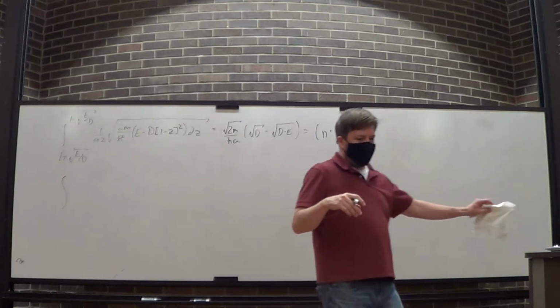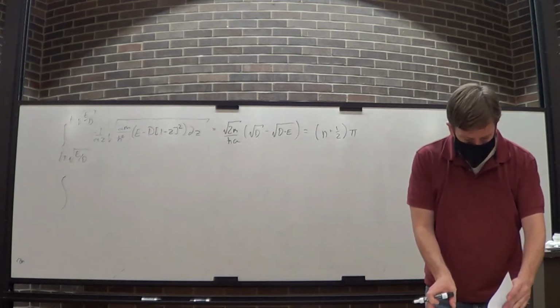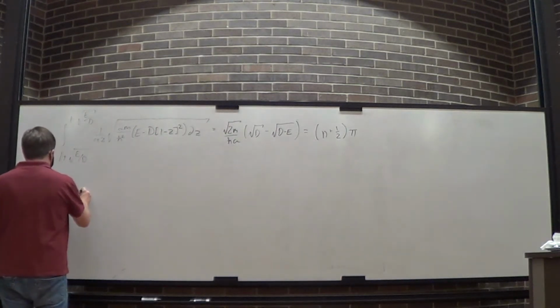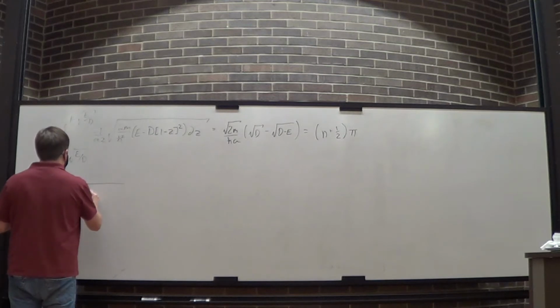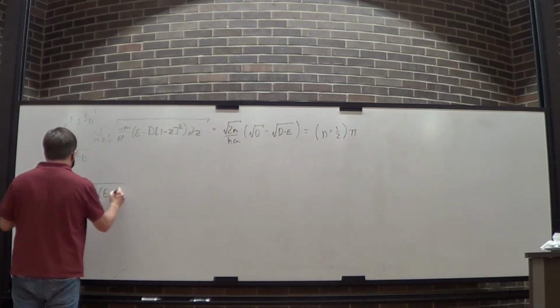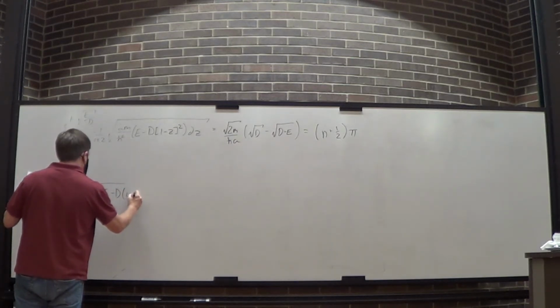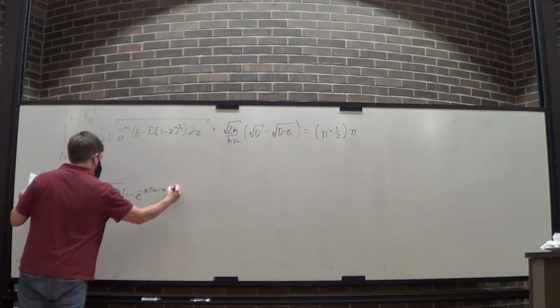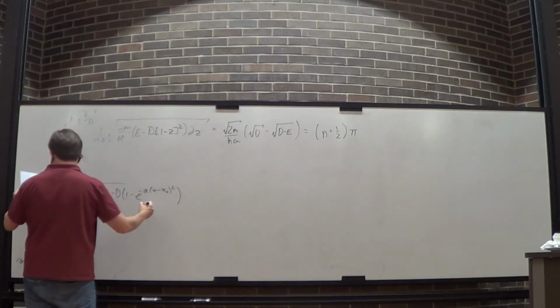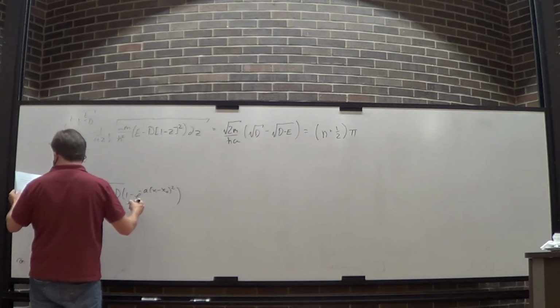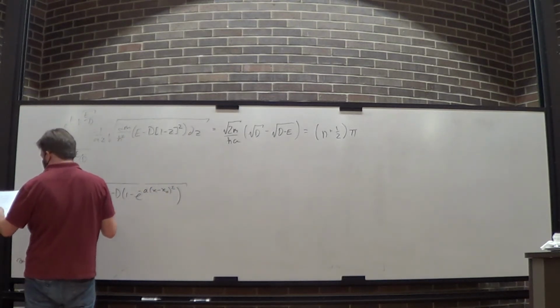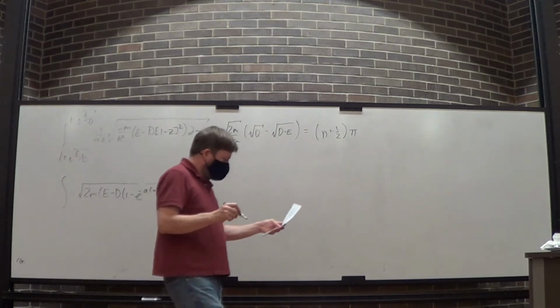I'm not going to remember it off the top of my head. Okay, it's clear that 2m e minus v d over, is there an H bar in there?